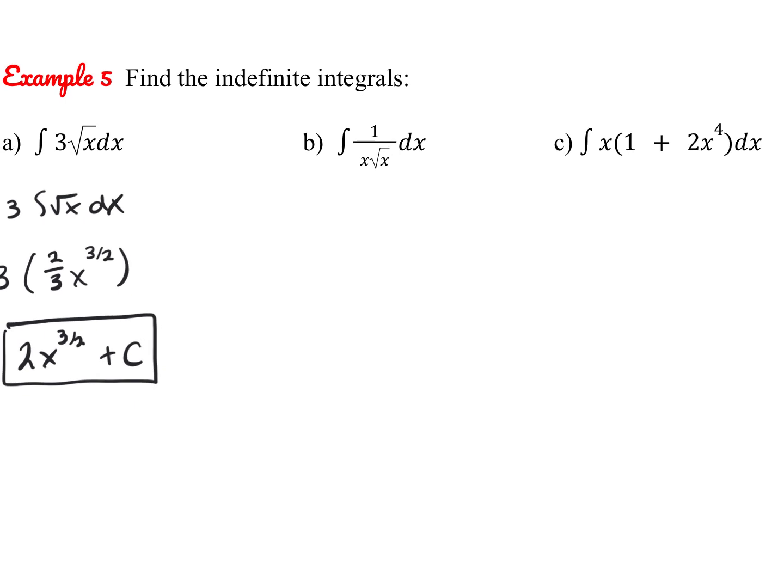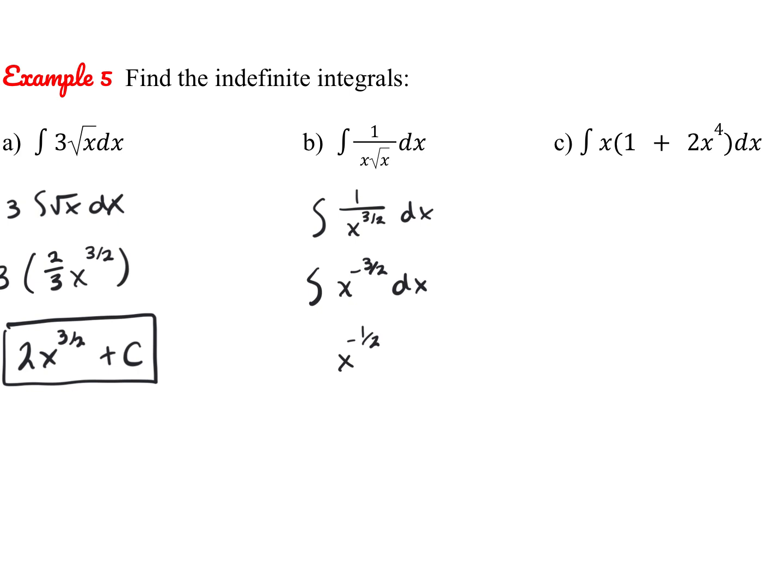All right, let's look at this next one. Here it might make it a little bit easier for us to rewrite this first before I actually look for the antiderivative. So if we have x times x to the 1/2, that gives us x to the 3/2. And so that's really just x to the negative 3/2 dx. Now if I'm doing the antiderivative of that, we know it's going to be x to the negative 1/2.